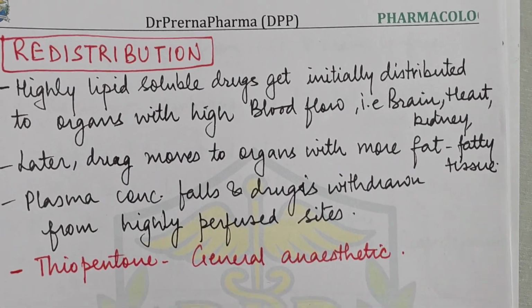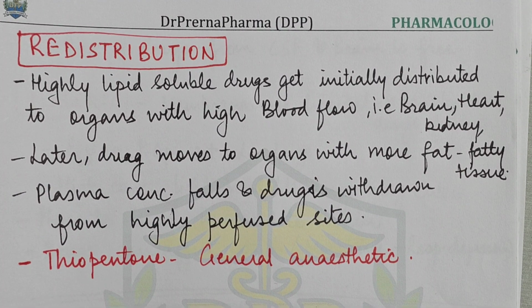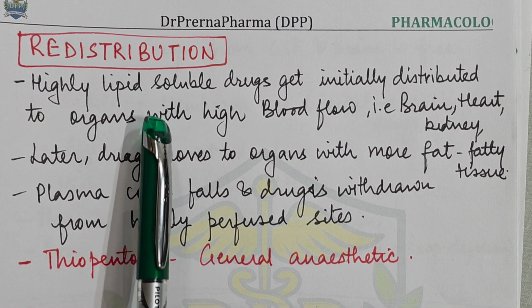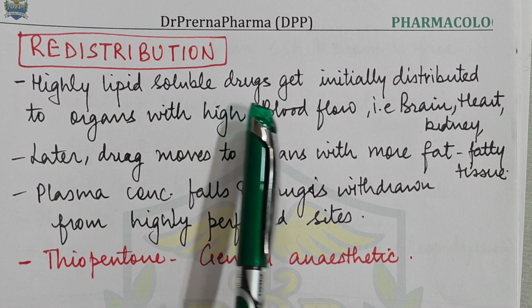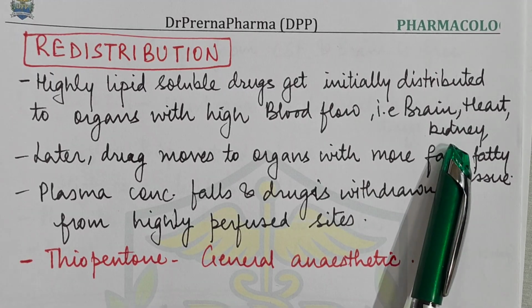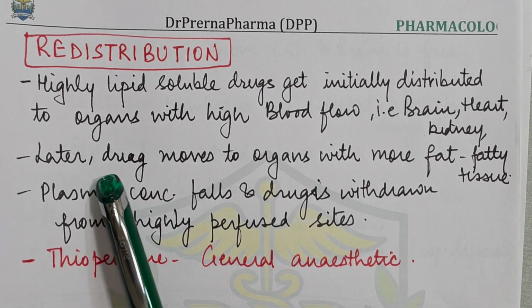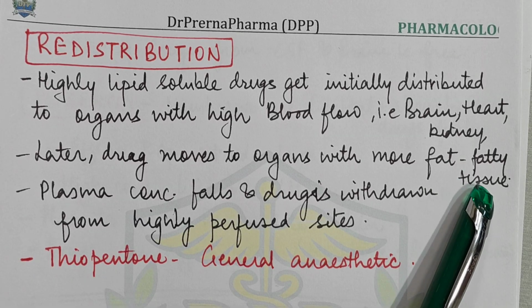Now in distribution we have a new concept which is called redistribution. What is redistribution? When the drug is very highly lipid soluble, then initially it will get distributed to the organs having a high blood flow, like brain, heart or kidney. But after some time, the drug has a natural affinity to move towards bulky areas, fatty areas like muscle and fat.